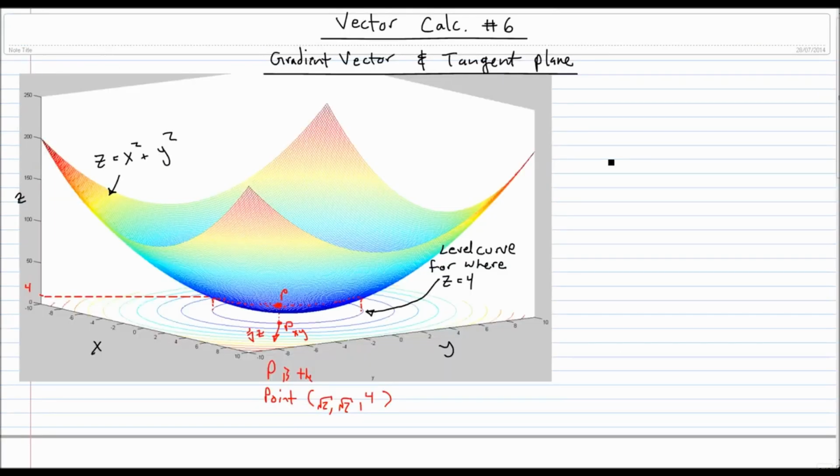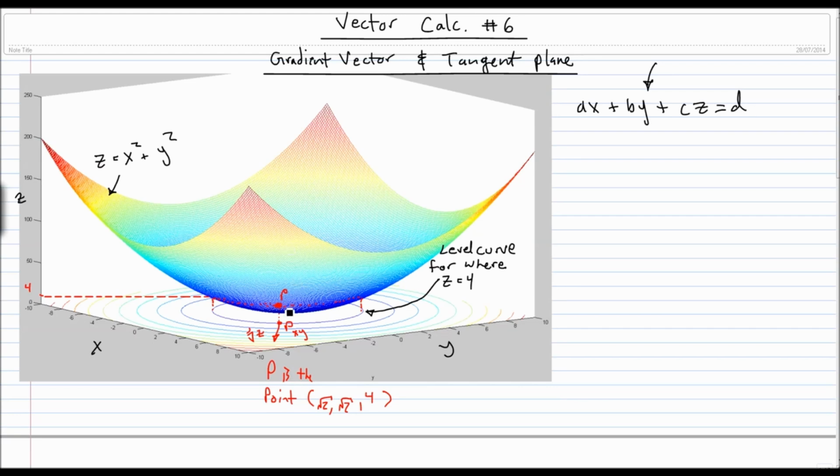What if I wanted to find a plane that is tangent to this surface at the point P? Well, one of the ways I like to find tangent planes, if you might remember from linear algebra or something like that, when you have the equation of a plane, like ax + by + cz = some number, well, a, b, and c are the components of a vector that's perpendicular to the surface of this plane.